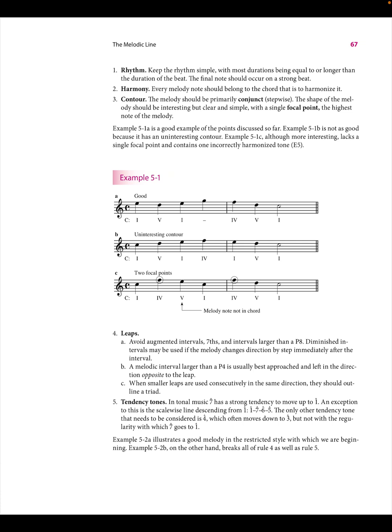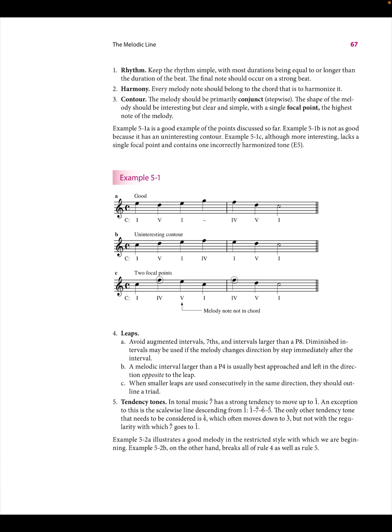Contour, meaning the overall shaping of it. The focal point is the highest note of anything.